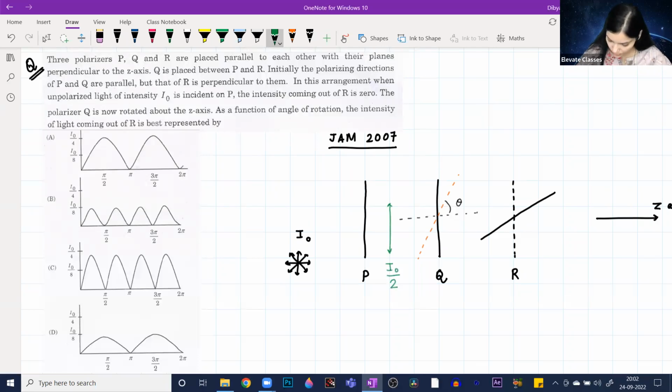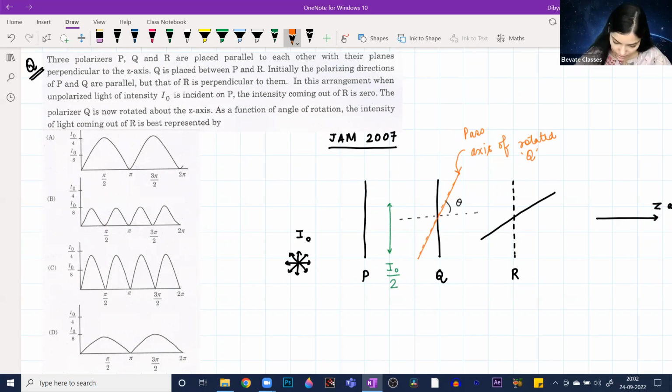This I know. Now I have rotated the axis of Q. So the axis of Q is now this. Okay? So this is the pass axis of rotated Q. Okay, so it is making an angle of theta with respect to the z axis.